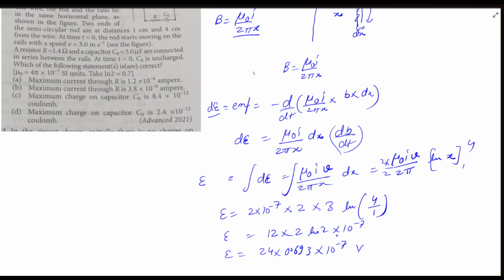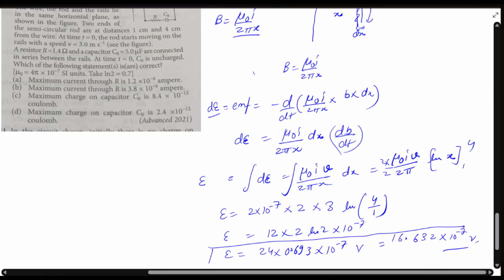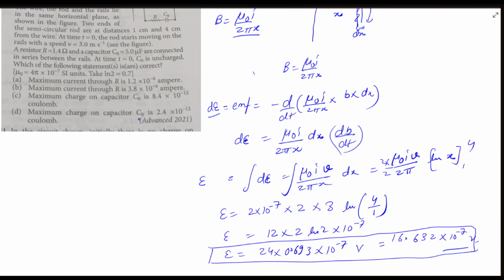It will be 24 into, let me use a calculator really fast. So this will be 16.632 into 10 raised to power minus 7 volts. So this is the maximum EMF which is going to be produced across this loop.